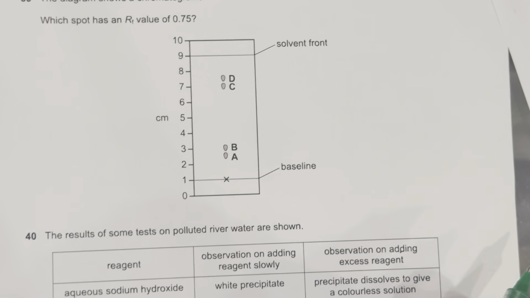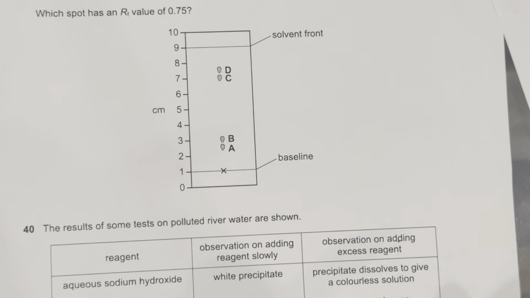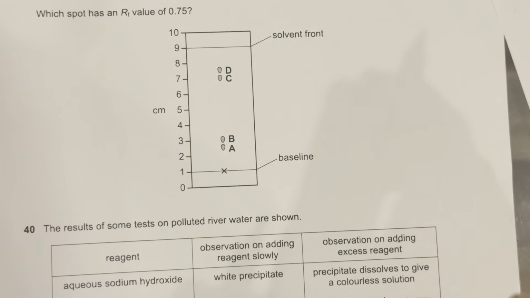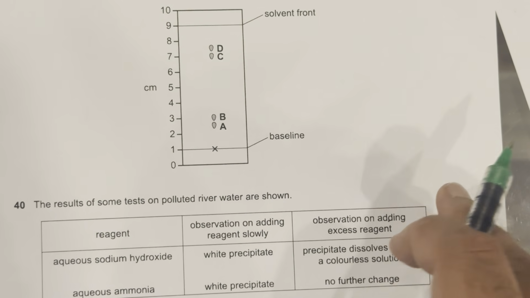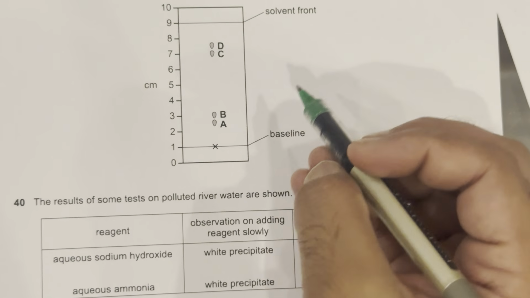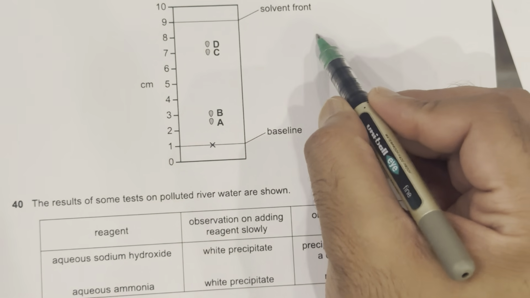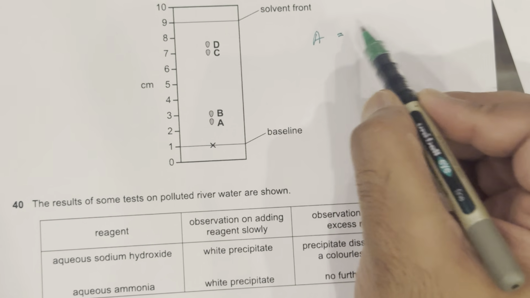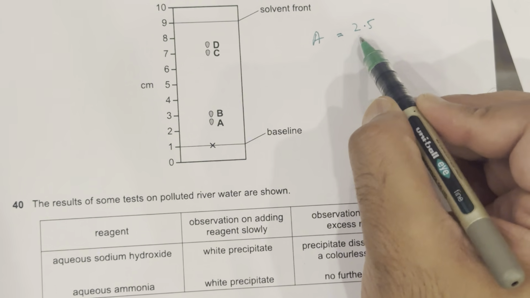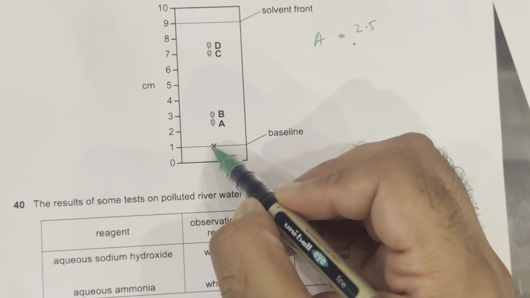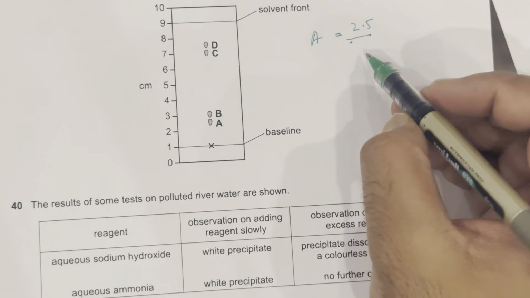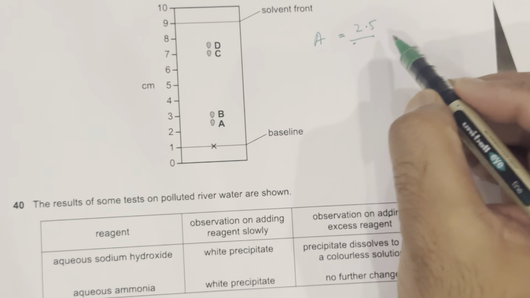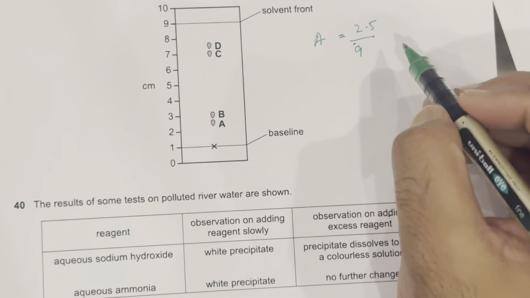Now 39 is from chromatography. The diagram shows a chromatogram with a spot that has an Rf value of 0.75. Okay, we need to calculate all those values. For option A, the Rf value is 2.5 divided by the whole solvent front, which is 9.